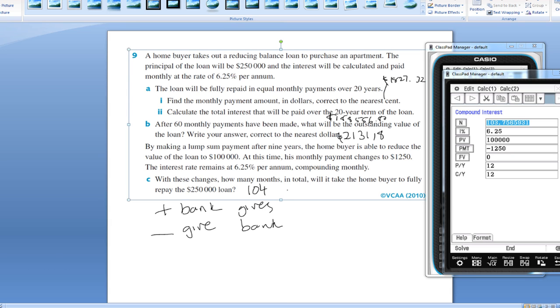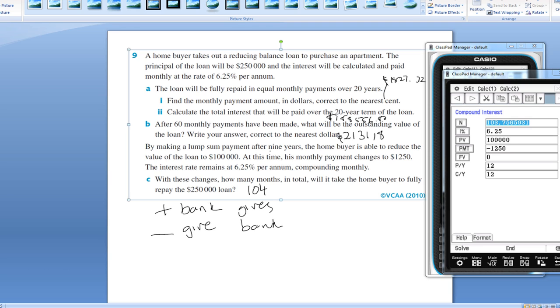But, okay, and this is a really good question, I have to admit, and I know this because I fell for it hook, line and sinker, is that also it says here, with these changes, how many months in total will it take the home buyer to fully repay the $250,000 loan?